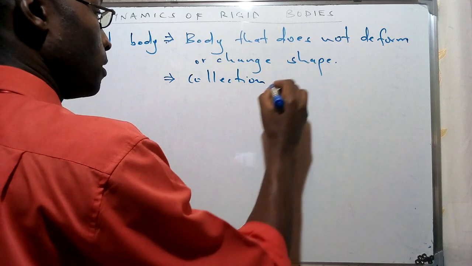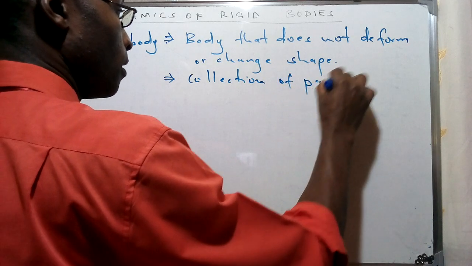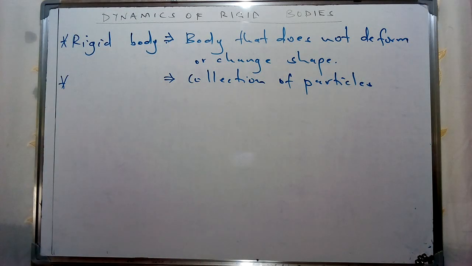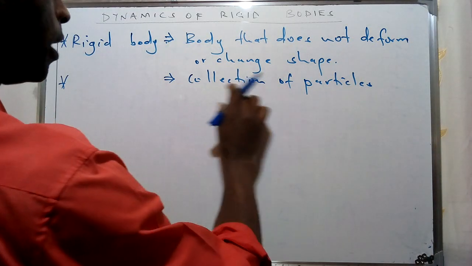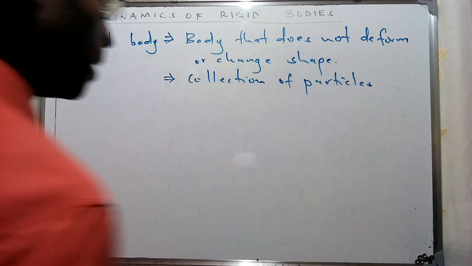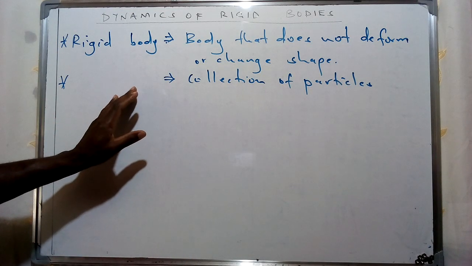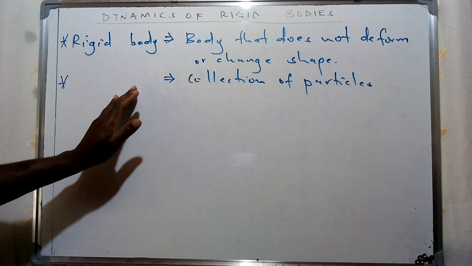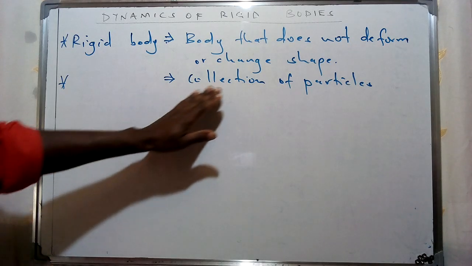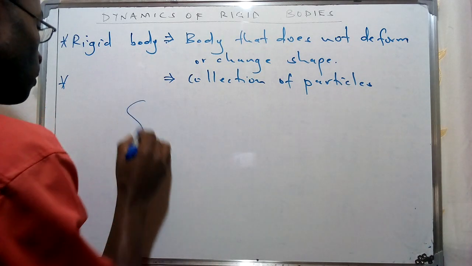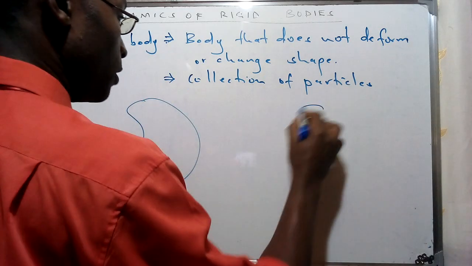This collection of particles has a property: if this rigid body changes position, then in the course of motion this collection of particles is going to maintain their specific positions. Let me give it in terms of a quick illustration.